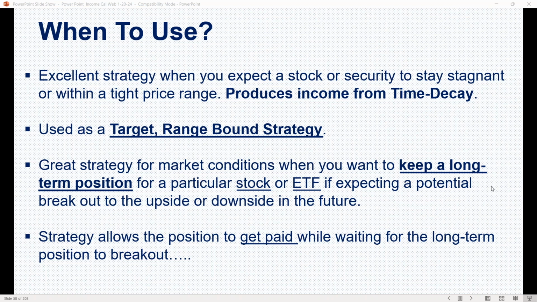It's great when you want to keep a longer-term position intact for a stock or even an ETF, but you're expecting it to potentially break out to the upside or downside in the future. You can set this up really cheap in the short term, collect a little income, and still be positioned for a break in the future, either up or down, based on your strategy direction. So it allows your position to get paid while you're waiting for that long-term breakout.